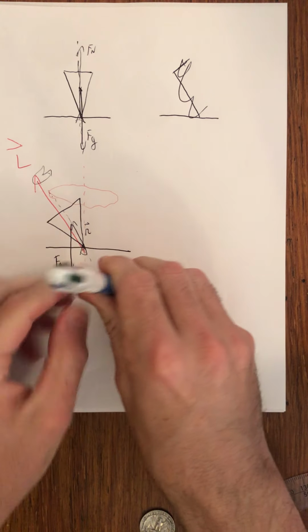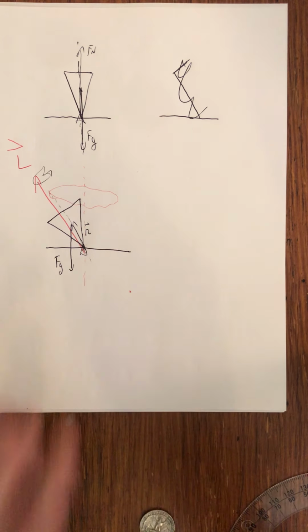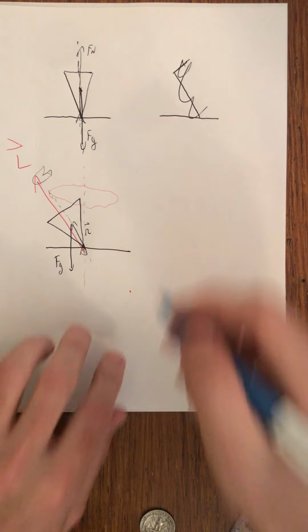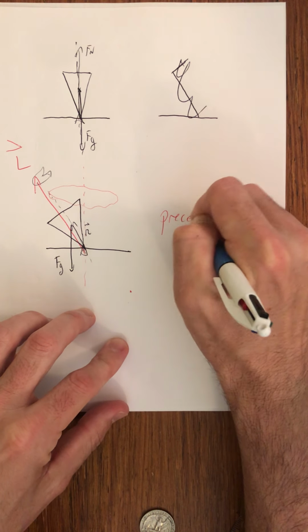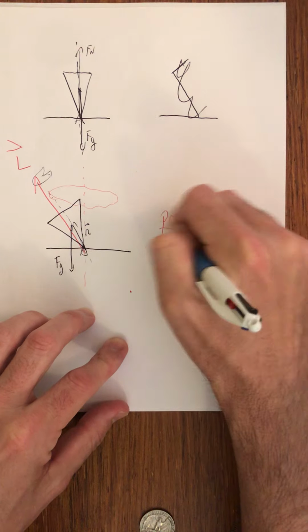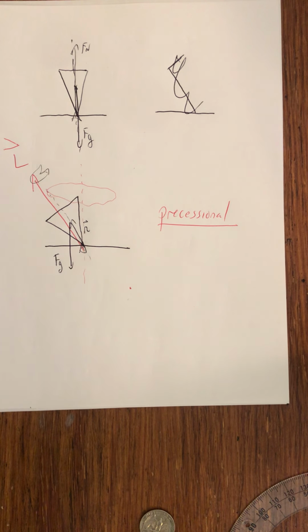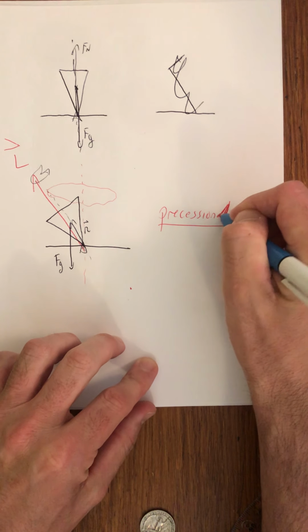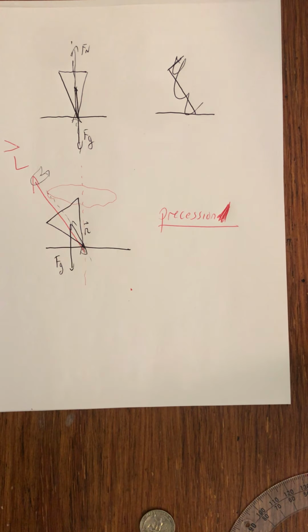And so you've seen that motion. Once again, I've attached some videos to this so that you can see it. That motion is called precession. It's when the axis of rotation itself rotates due to a net external torque on a rotating object.